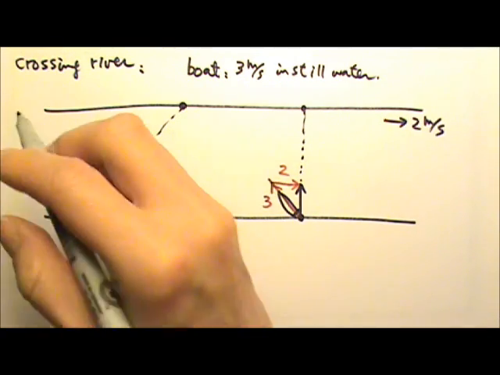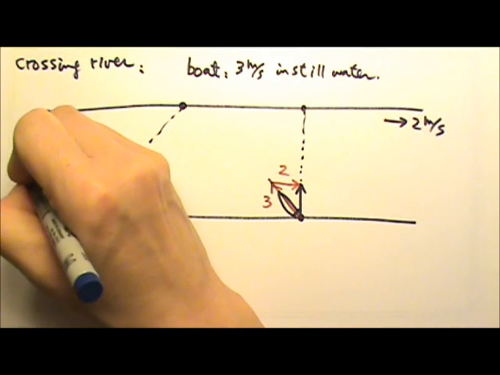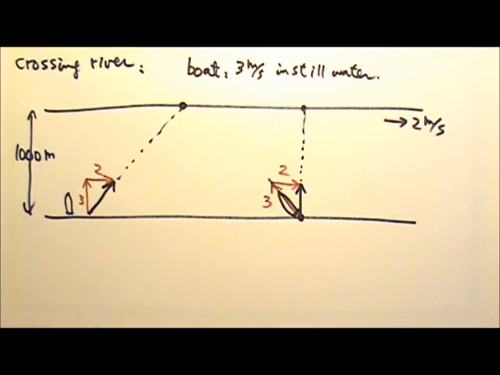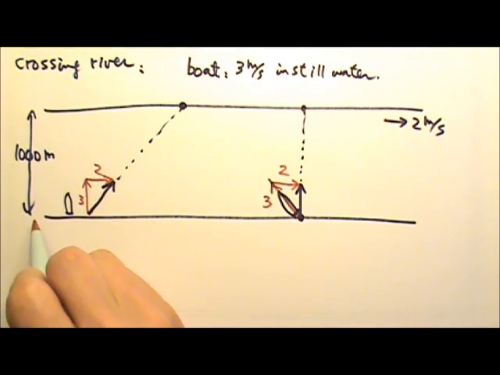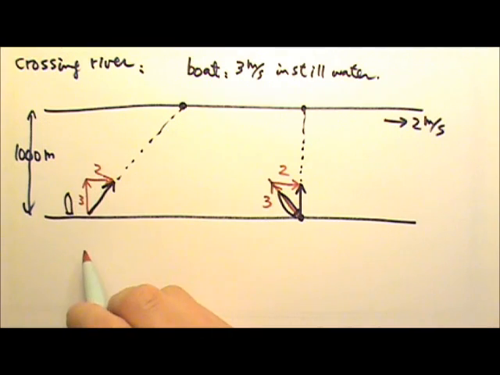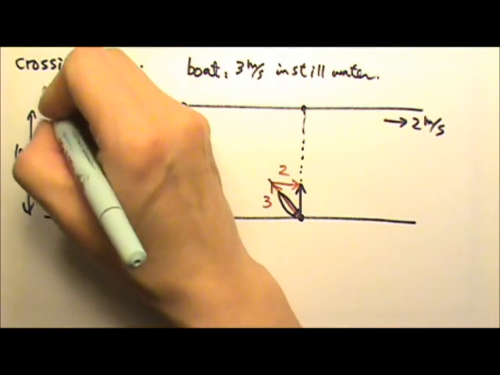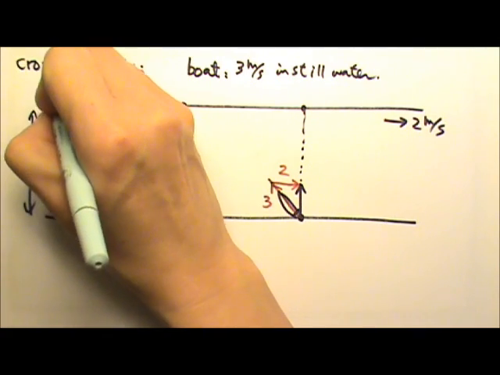Let's say the river is 1,000 meters wide. And let's say we need to find the time to cross the river. Okay, we can treat this like a two-dimensional motion, and then we can separate the x direction and the y direction.